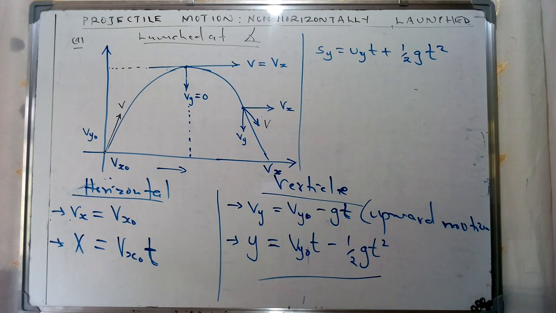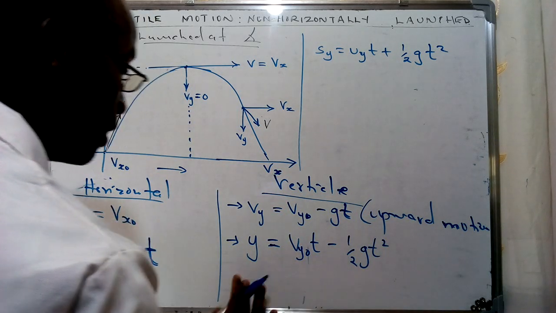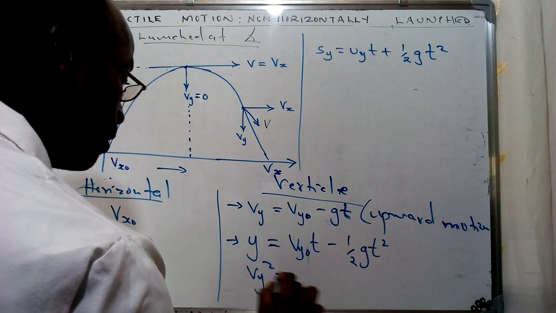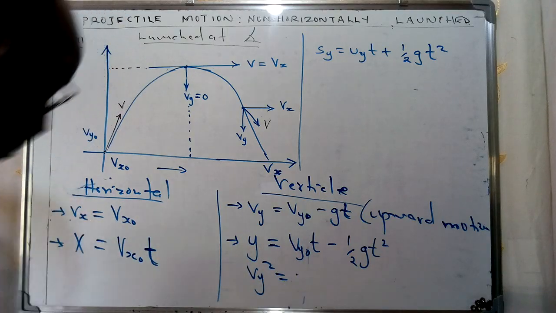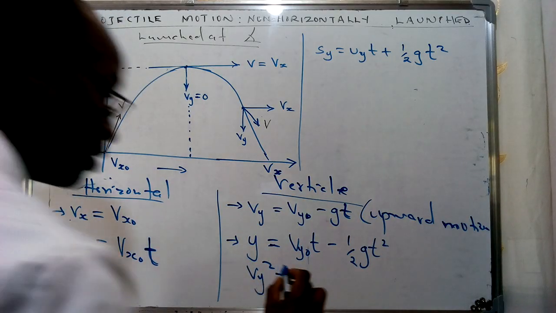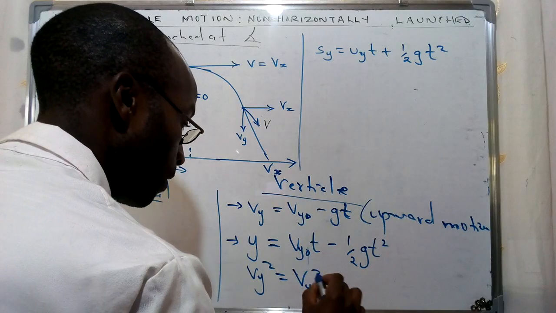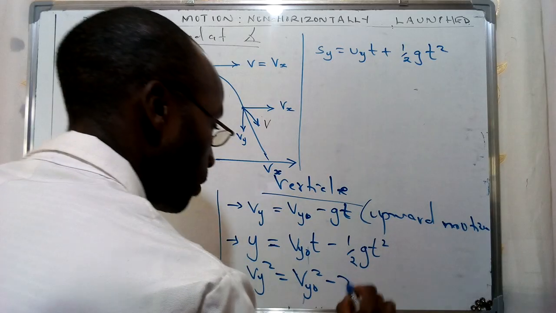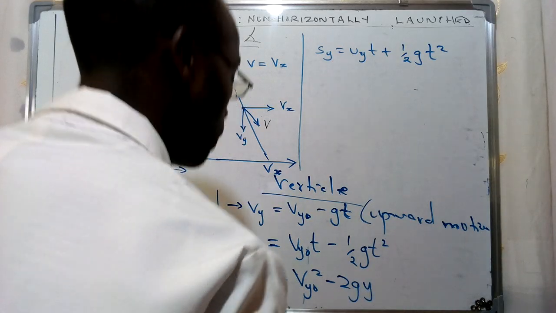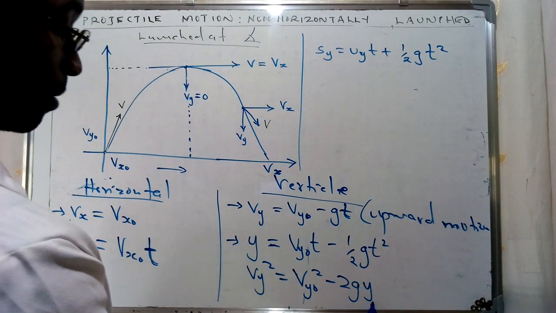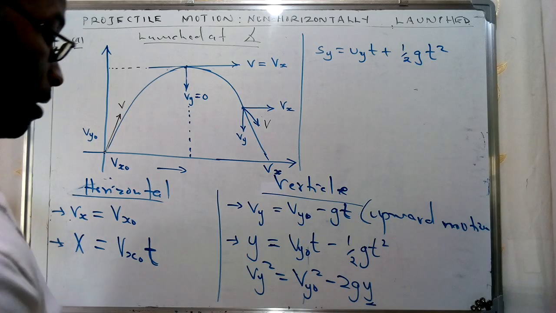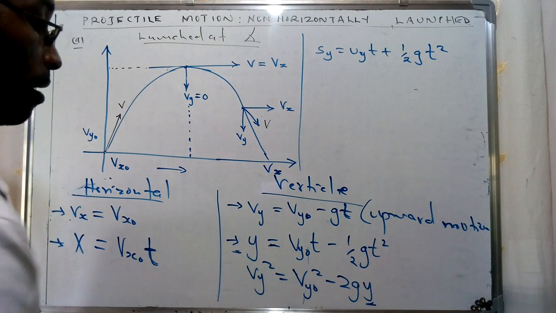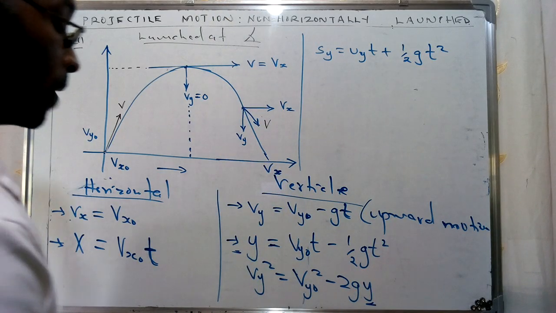We can also use this equation for the final velocity of the y component, whereby the square of vy is equivalent to the square of the initial velocity minus 2gy. But remember, this is going to be the horizontal distance which this particle has been moving.